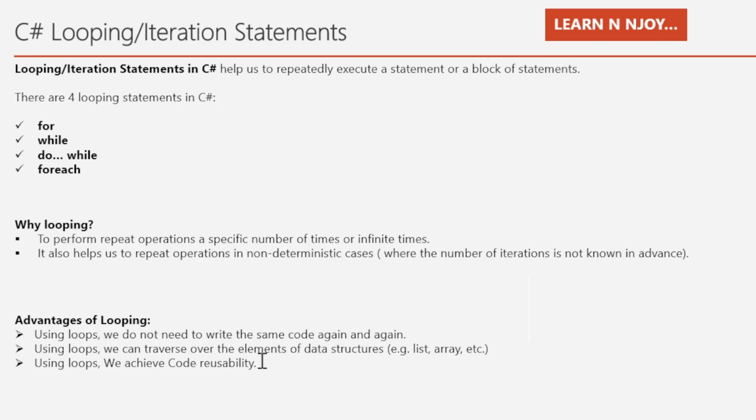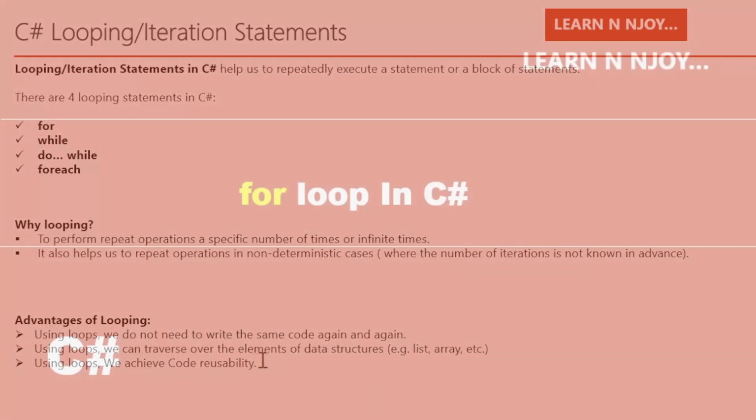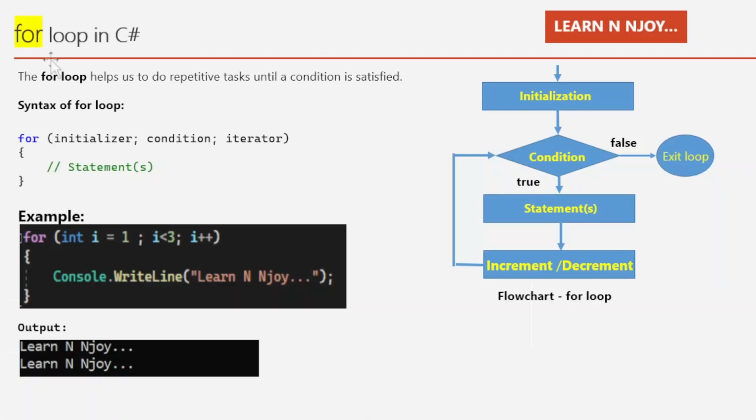Now let's discuss all looping statements one by one. For loop in C Sharp. What is a for loop? The for loop helps us to do repetitive tasks until a condition is satisfied. Let's try to understand it with the flowchart shown over here. So first initialization happens, then the condition is checked. If the condition turns out to be true, then control enters into the loop and the statements written inside the loop get executed.